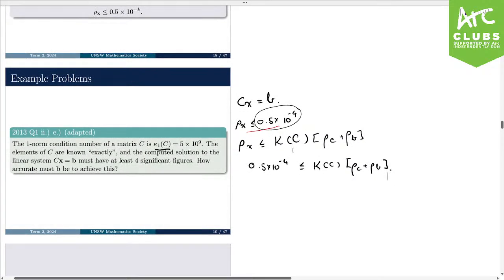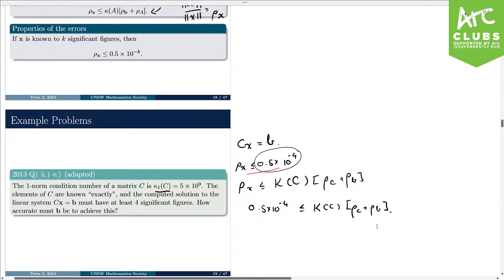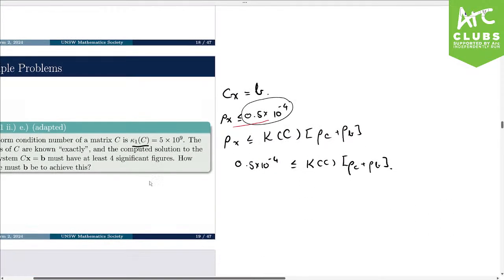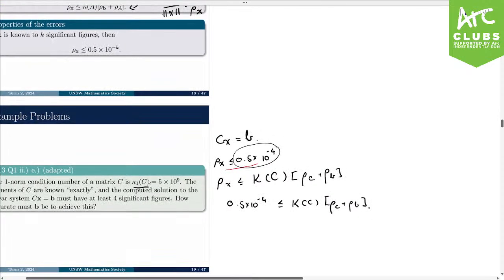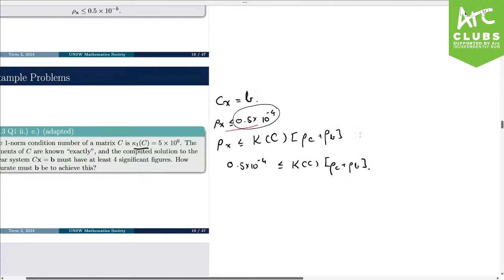Okay, so the next important bit is that the elements of C are known exactly, but this is a computer, so exactly just means the error is less than the machine precision.